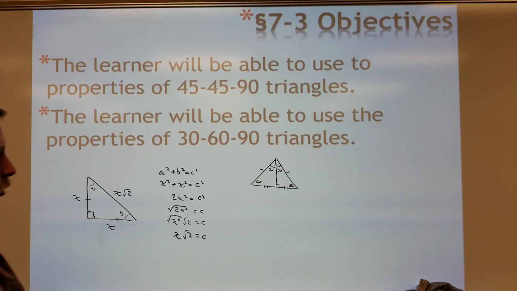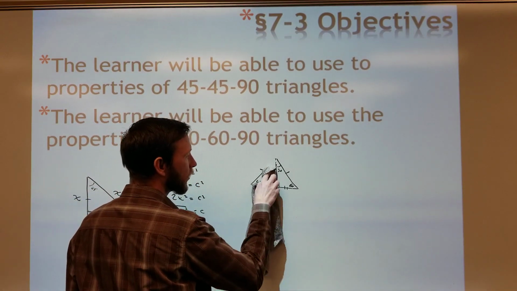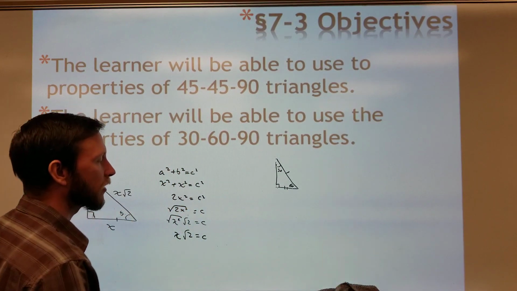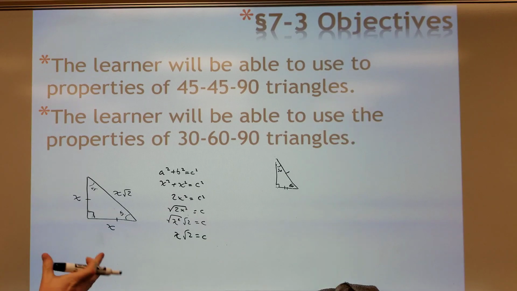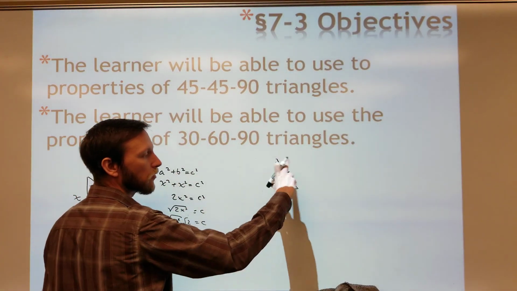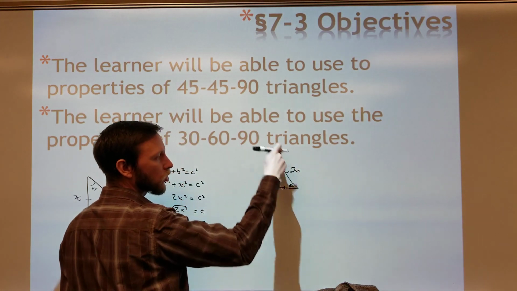And therefore, when we are dealing with a 30, 60, 90 triangle, that's the measures of the angles in the triangle, 30 degrees, 60 degrees, and 90 degrees, we can build and understand the relationships amongst the lengths of the sides based off of the angle measures. And so I'm going to call that side 2x.